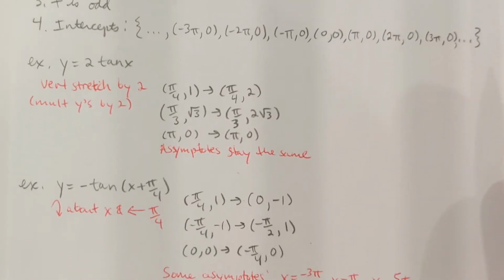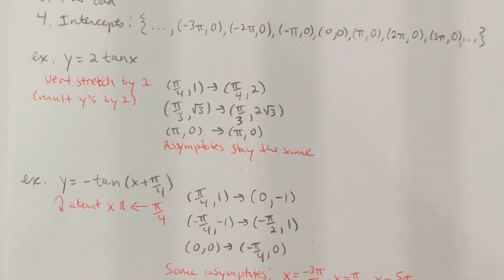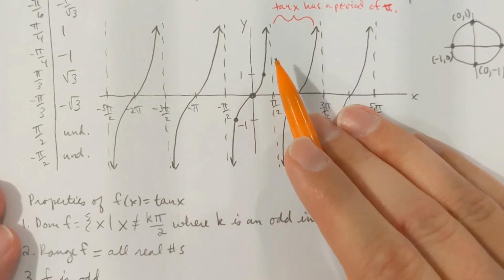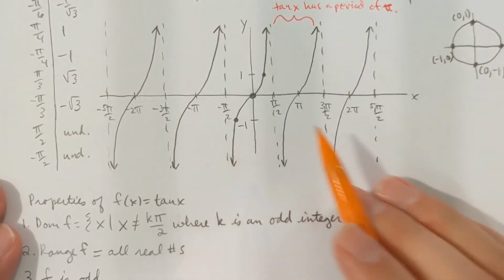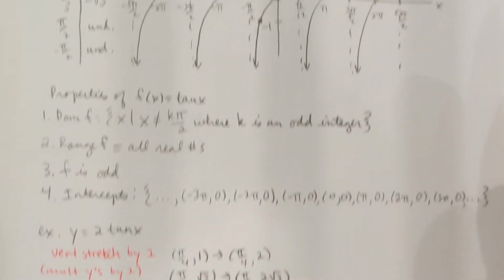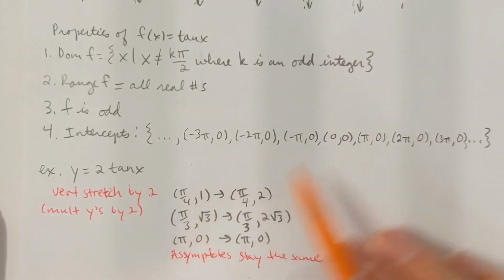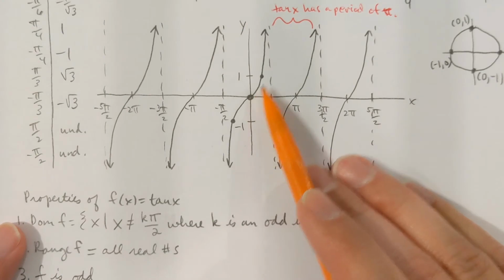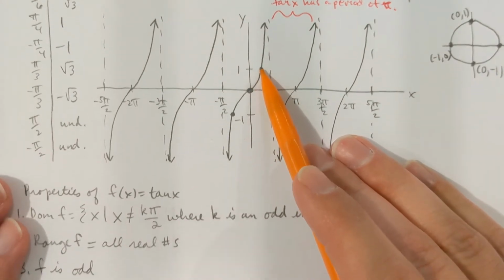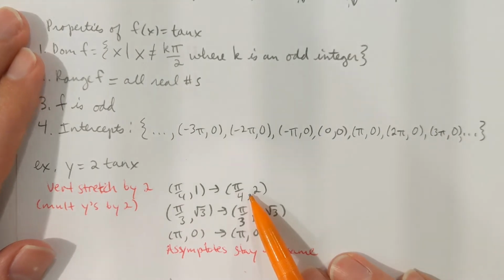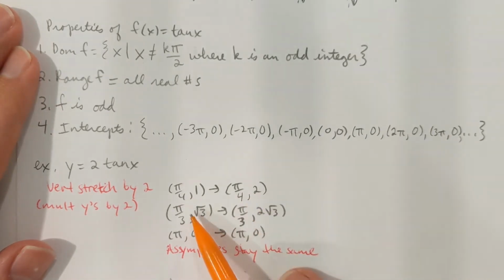And of course, we can use what we know about transformations to produce more graphs. So like if I want to graph y equals 2 tangent x, I would take the tangent curve and multiply all the y values by 2, and that would produce a vertical stretch by a factor of 2. So I've selected a couple of points here that were on the original graph. (Pi over 4, 1) is 1 point. If you multiply the y value by 2, that'll put that point at (pi over 4, 2).